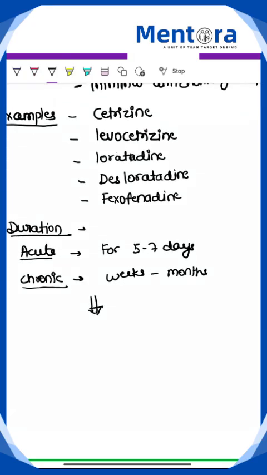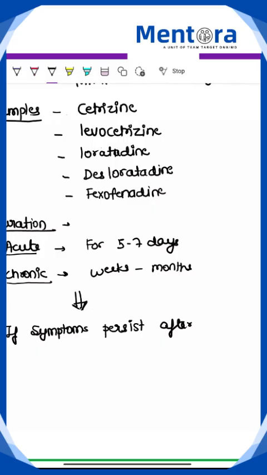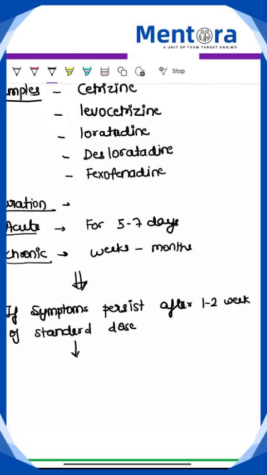But in spite of giving this second generation H1 antihistaminics, if symptom persist after 1 to 2 weeks of standard dose, that means if symptoms start appearing after stopping the doses, then we can increase the dose.